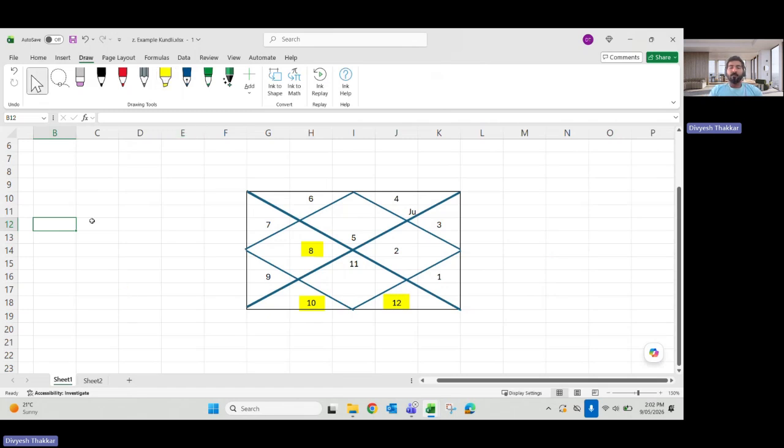Transit in the 12th house again is not the best for Jupiter, but it's actually a very good transit when you think about it, because this is, I think, the only transit where Jupiter is either sitting or looking at all the three bad houses, 6th, 8th, and 12th. So Jupiter is sitting in the 12th, looking at the 6th and the 8th. So this is a very, very good transit for sure. All right, so let's start with the 12th house.